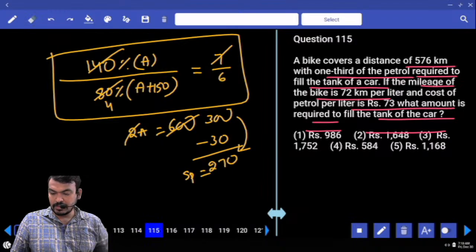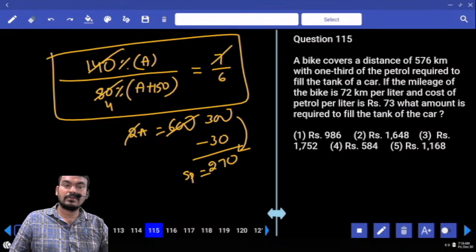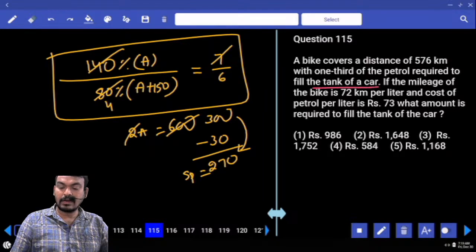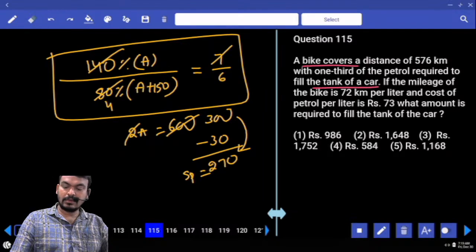Next, question number 115. A bike covers a distance of 576 kilometers with one third of the petrol required to fill the tank of a car. It means the bike consumption will be one third of the car consumption.